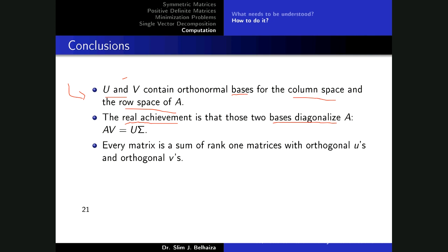Here we are not able to write A equals LU, but we still can work our way to write A V as U sigma. And more important is that every matrix is the sum of rank 1 matrices with orthogonal U's and orthogonal V's. This is one of the fundamental parts when you try to learn from data using data science techniques.